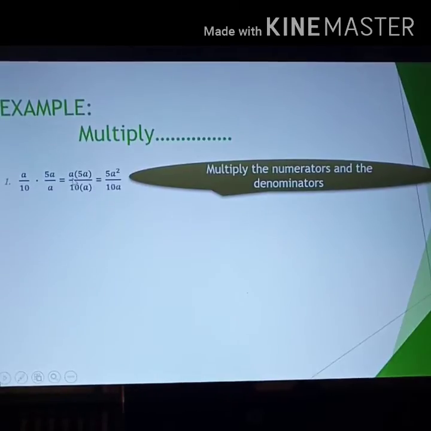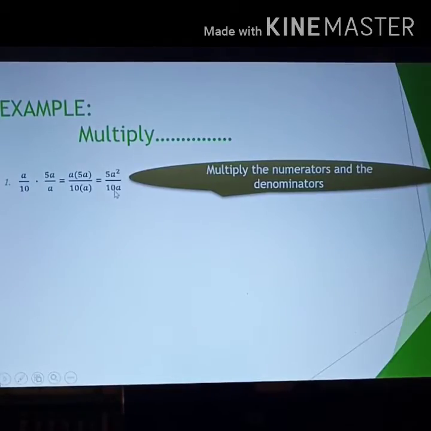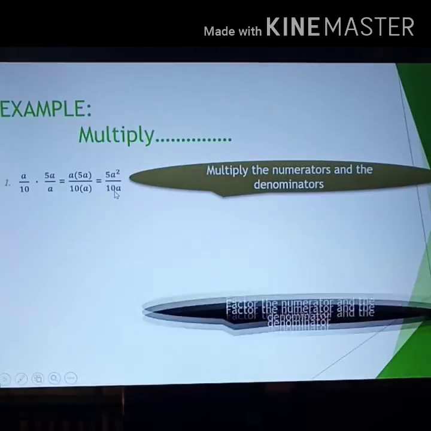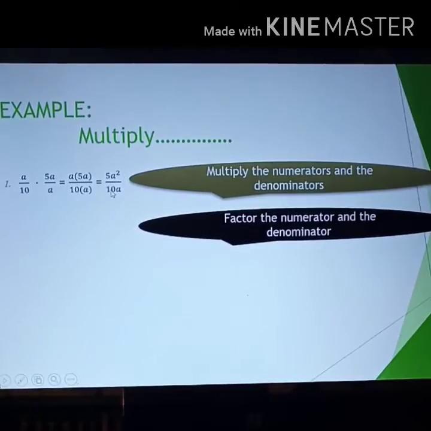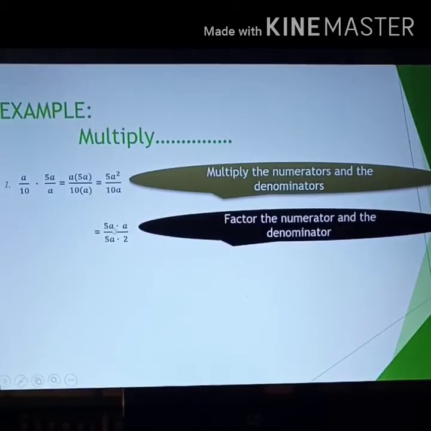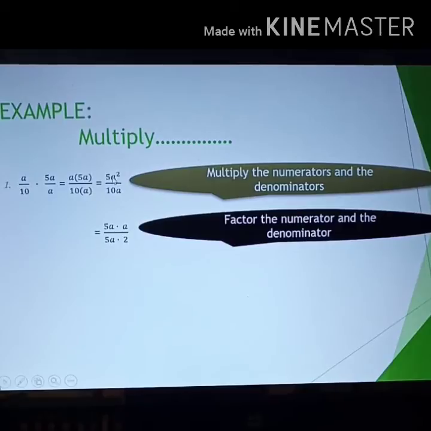So a times 5a is equal to 5a squared, and then 10 times a is equal to 10a. Next, factor the numerator 5a squared, and also the denominator 10a.